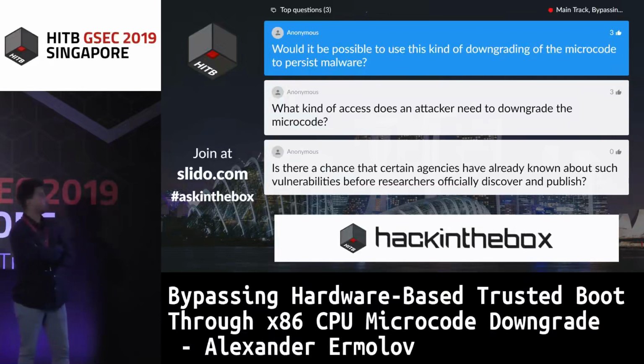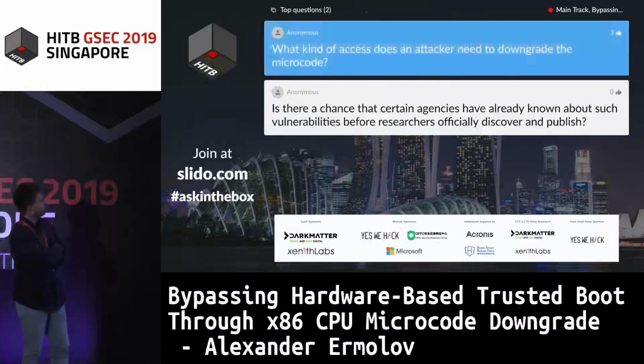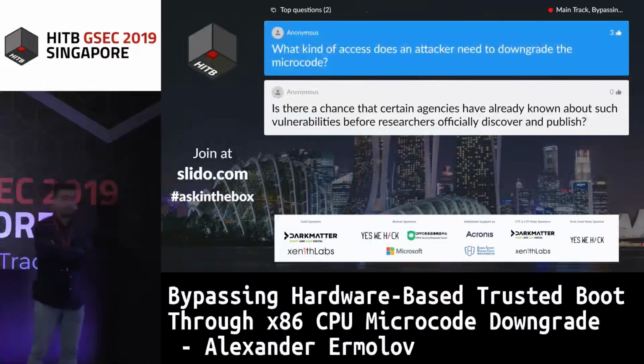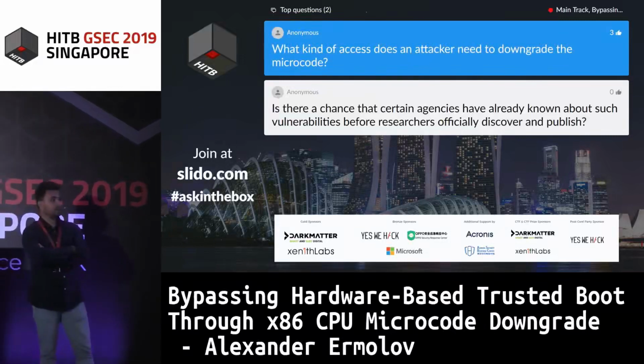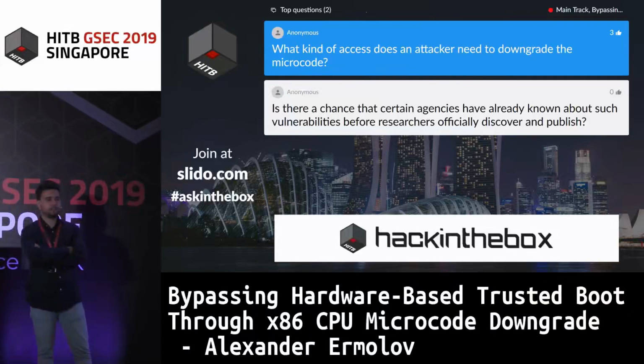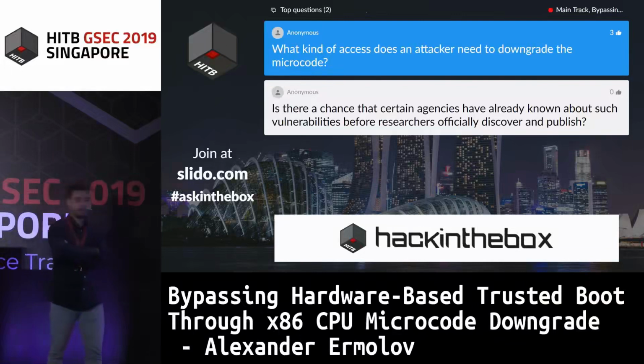What kind of access does an attacker need to downgrade the microcode? I forgot to mention it. It can be done from the user space of the operating system. You just need to load the update into memory, which can be done through any driver like RWEverything or something like that.